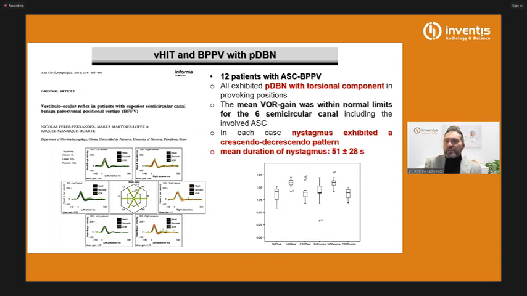The video head impulse test was already tested in patients with positional downbeat nystagmus, and it was one of the first papers by Professor Perez in 2014, and he studied 12 patients with anterior canal BPPV with positional downbeat nystagmus. All patients exhibited a positional downbeat nystagmus with torsional component.